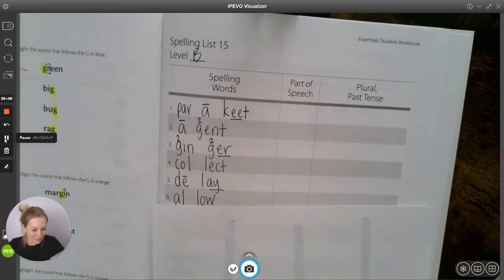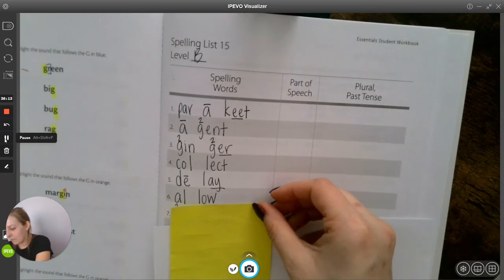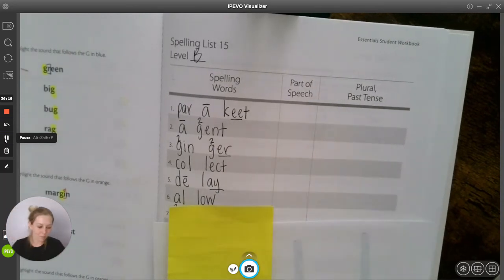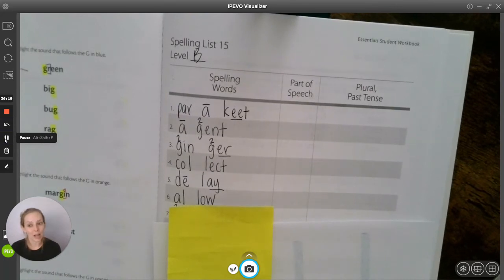All right, number 7 is cylinder. In class today, we will learn how to use a graduated cylinder. Three syllables here. First one is sill. Sound it out. S-I-ol.